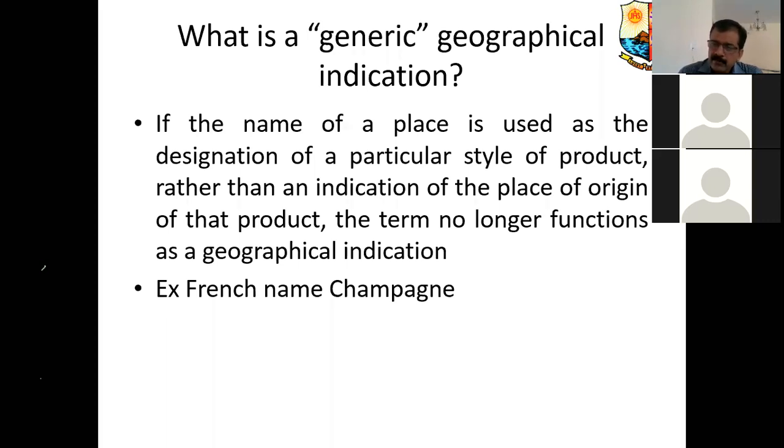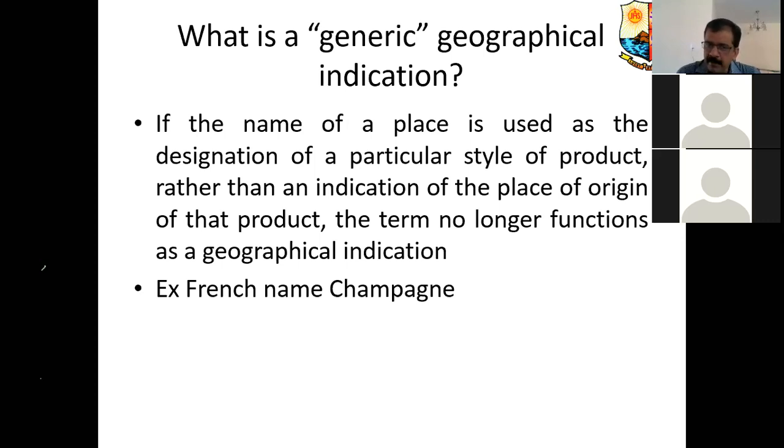Now, someone has registered a GI with one particular name, but in some other place, a generic item is called by that name. Then what do we do? The law cannot protect it.